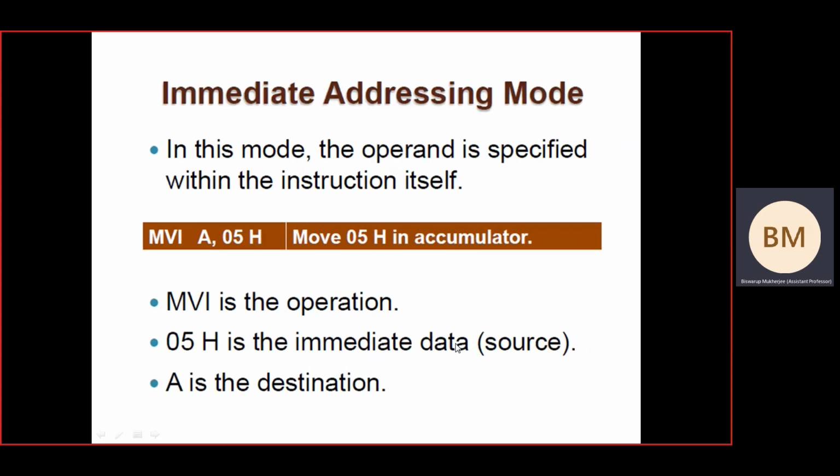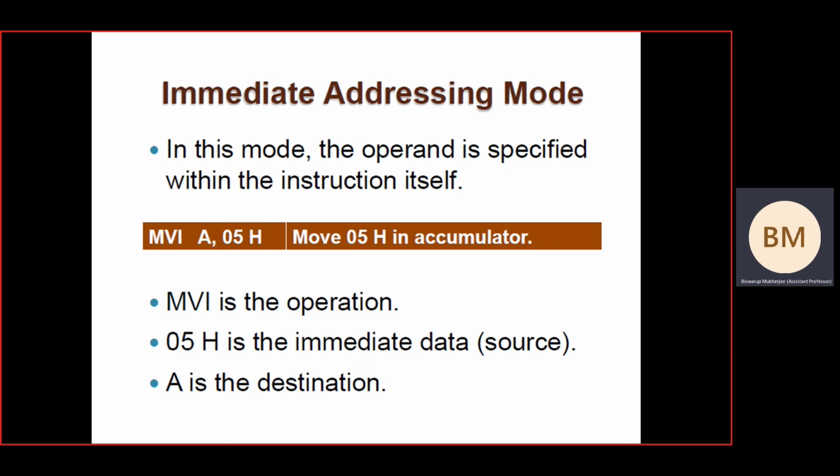And then we are having the MVI command. MVI is move immediate. In this particular case, immediately the accumulator is loaded with some particular data. So it doesn't require any other memory location or HL pair or something like that. No address is required.